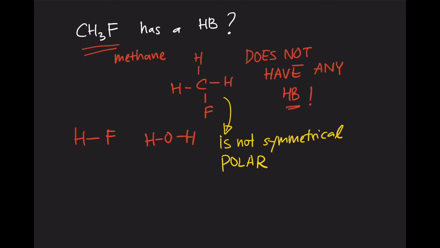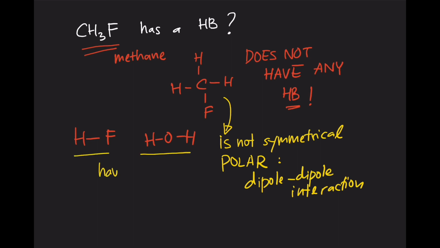Therefore, the dominant interaction would be the dipole-dipole interaction, which is of medium strength, in comparison to HF and H2O that have the actual hydrogen bond, where the H is bound to F, or H is bound to O. Another example would be if the H is bound to N. If H is bound to carbon like this, then this is not a molecule with hydrogen bond.